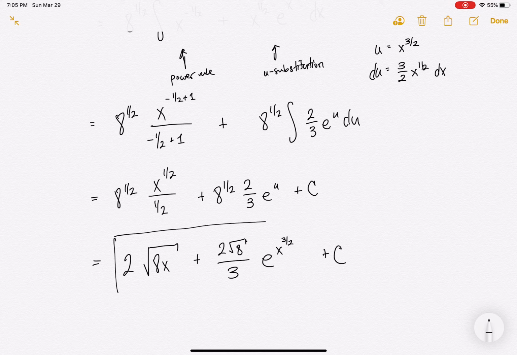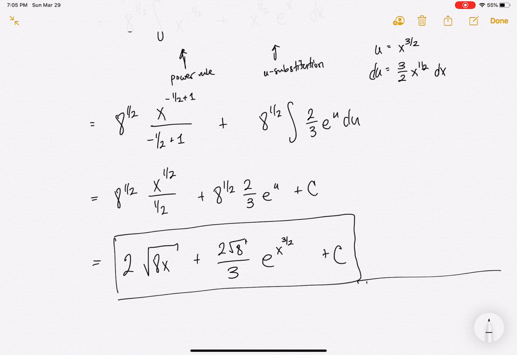So that's an example of where you're going to save yourself a lot of effort just by simplifying things out front. I realize that wasn't exactly a definite integral, and we were looking for areas, but just in case things like that show up, you're just going to want to keep that in mind.